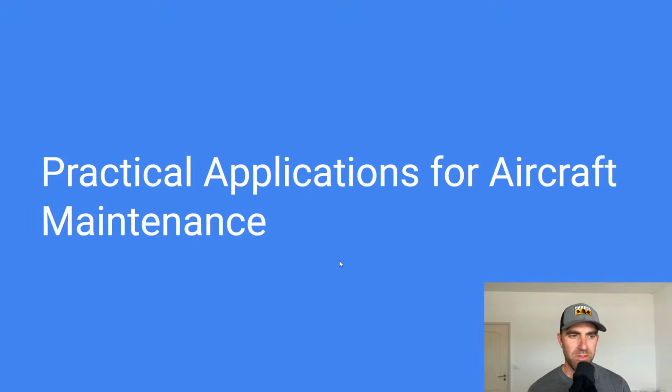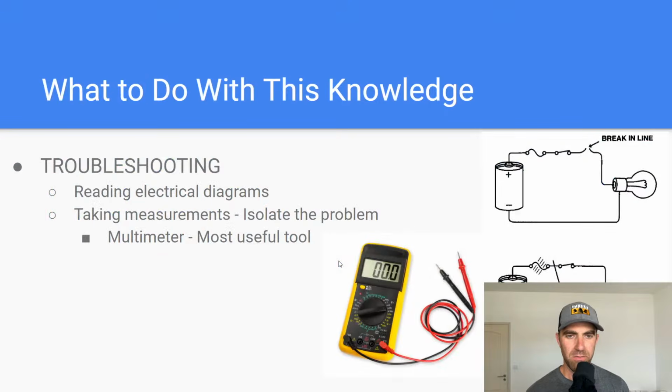All right, and then practical applications for aircraft maintenance using our basics of electricity here. The main thing that you'll be using this for is going to be troubleshooting. That's like 80% of what you're going to be using electrical theory for, at least in my opinion and my experiences.